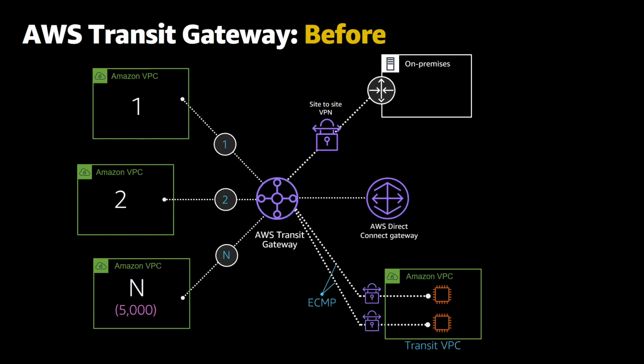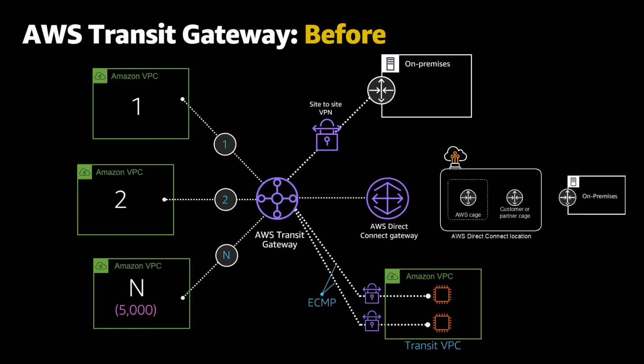You could also have Direct Connect gateway going back to on-premises, and maybe you have a colo in between, and you have a transit virtual interface. There are different types of virtual interfaces, private and public. When we came up with the transit gateway, we came up with a transit virtual interface that you have to have in order to communicate with the transit gateway.